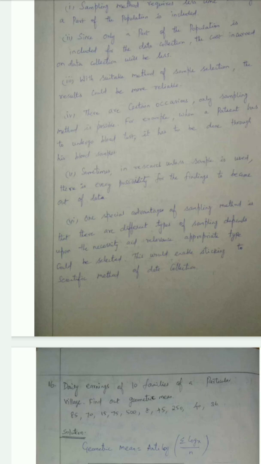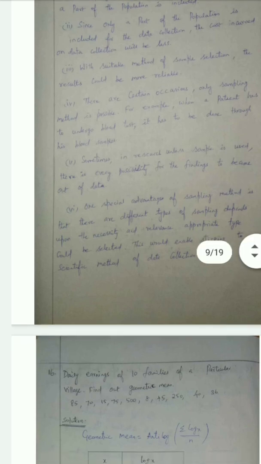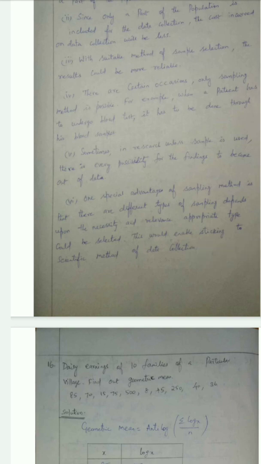For example, when a patient has to undergo a blood test, it has to be done through his blood samples. And the fifth one is, sometimes in research, unless a sample is used, there is every possibility for the findings to become out of date.